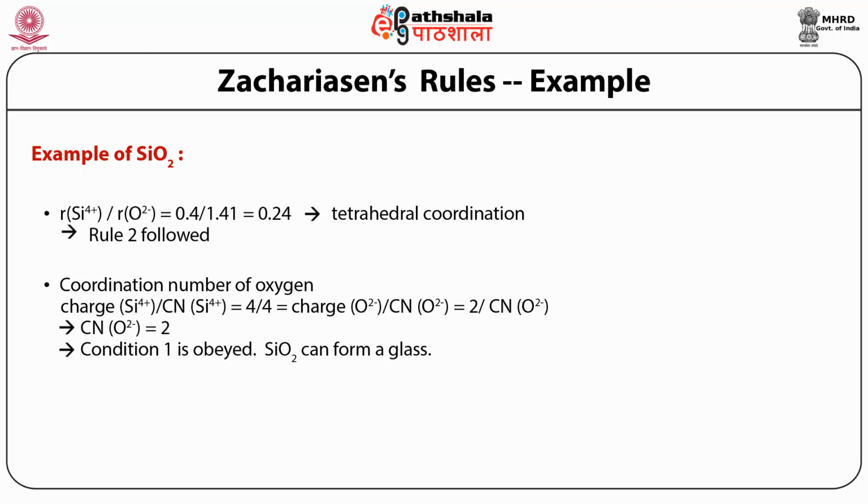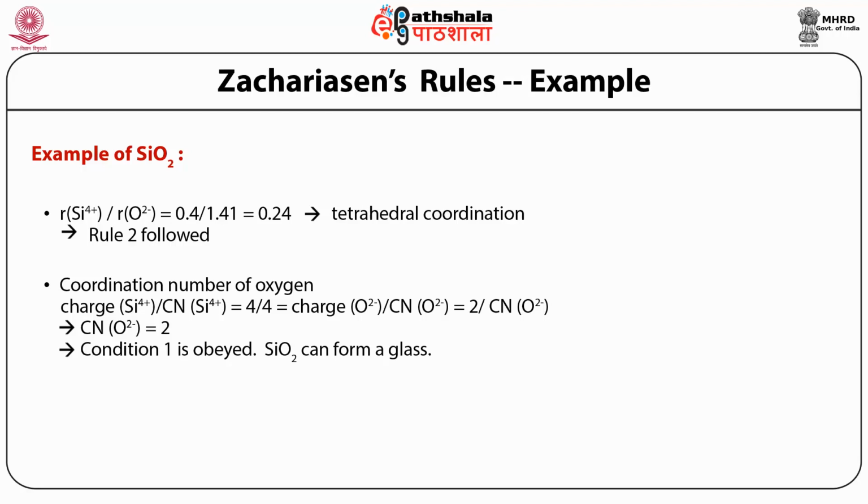Subsequently, the following oxides have also been prepared in the glass form: indium oxide, that is In2O3, thallium oxide, which is Tl2O3, tin oxide, SnO2, lead oxide, PbO2, and selenium oxide, that is SeO2.